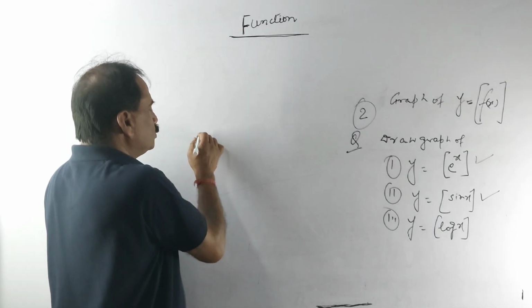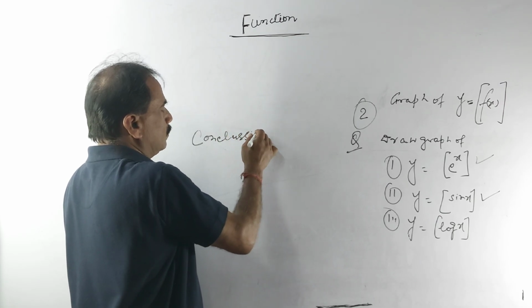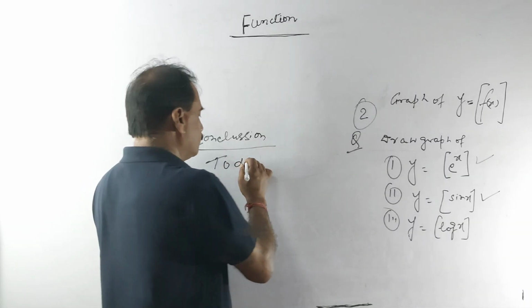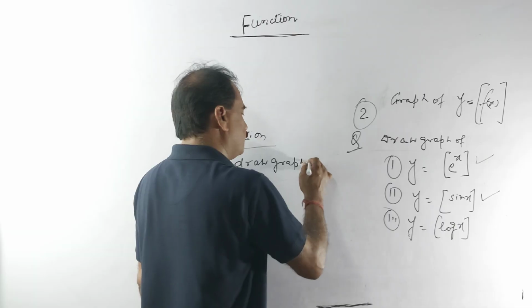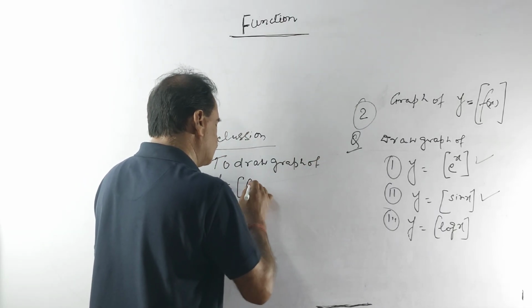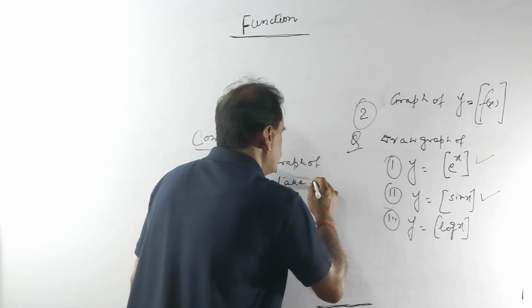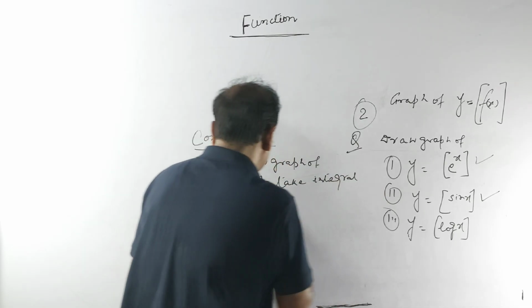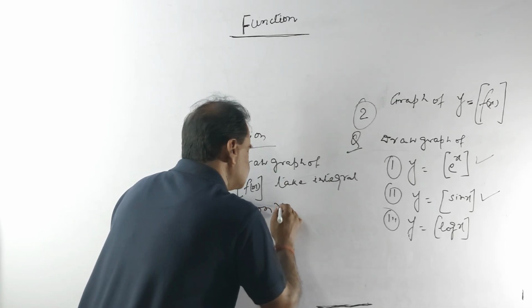So the conclusion is that to draw the graph of y equal to greatest integer f(x), take the integral points on the y-axis.